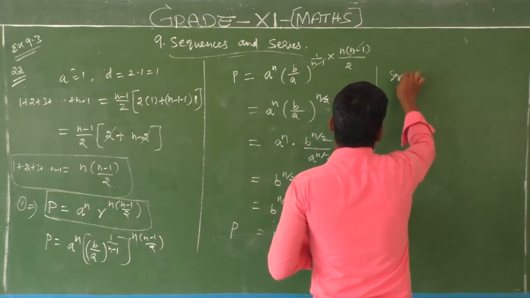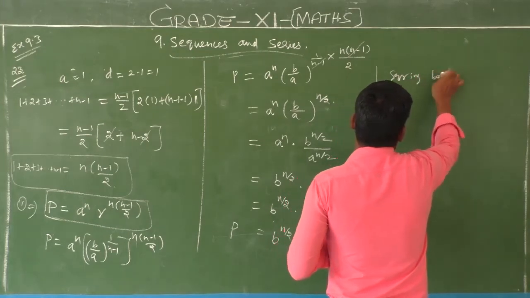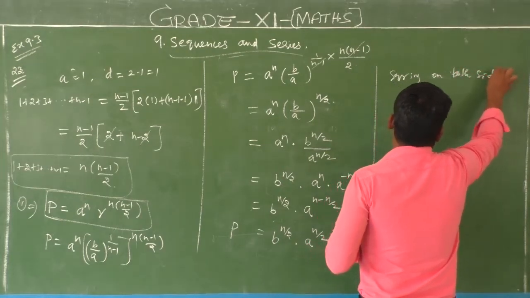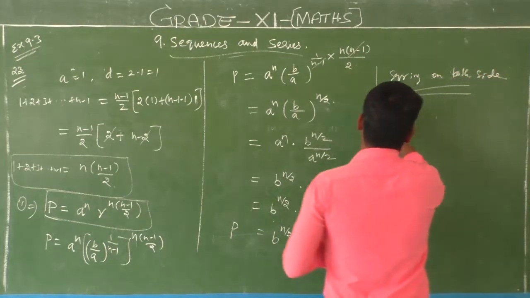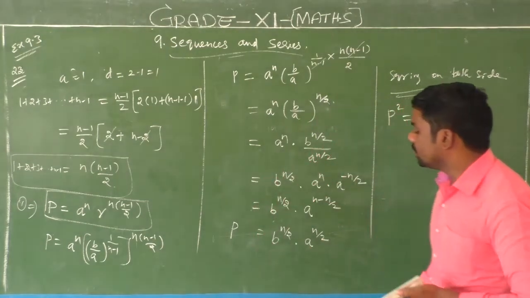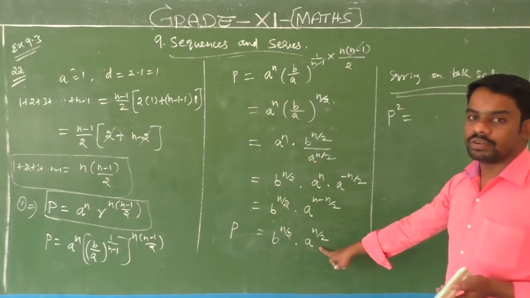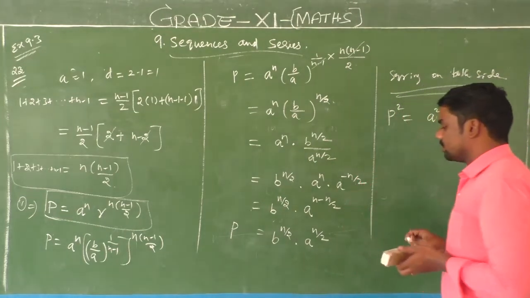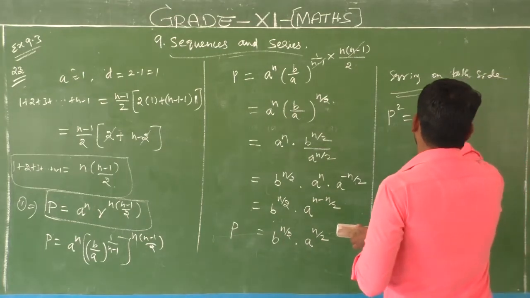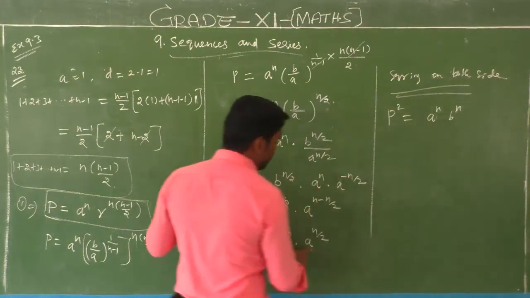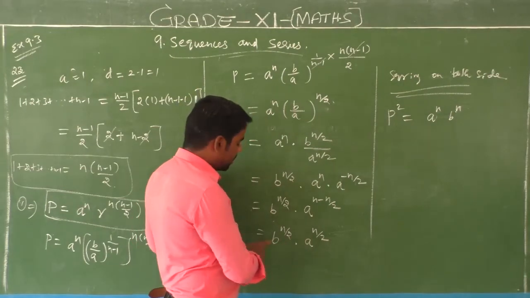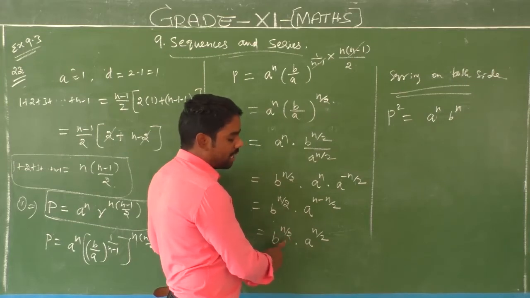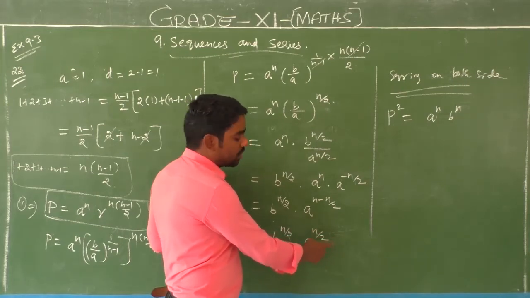Squaring on both sides: P square is equal to B power n by 2 into A power n by 2, whole square. The square and the 2 cancel, remaining B power n, and likewise remaining A power n.